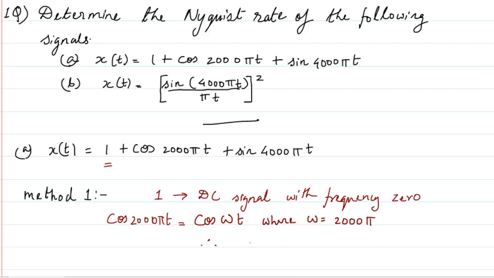Therefore 2 pi f, omega is 2 pi f. So if I write this as omega m, that is the maximum frequency. Now you might be asking, why am I writing maximum frequency?